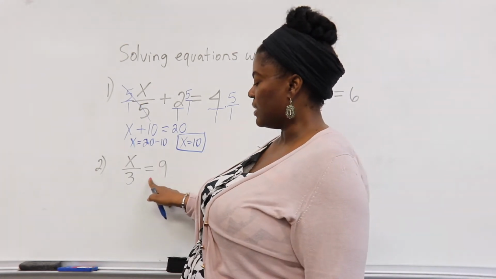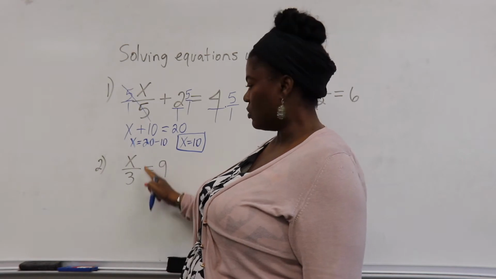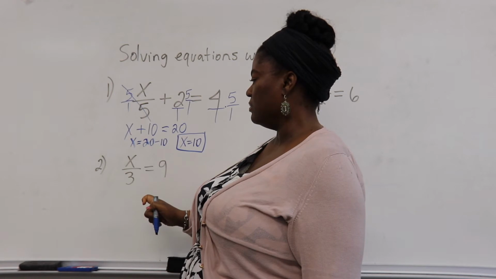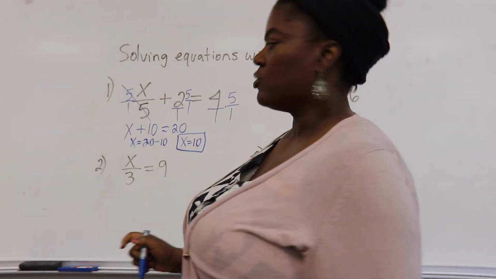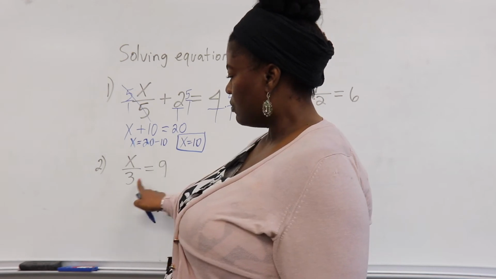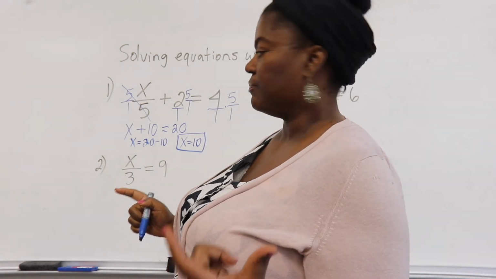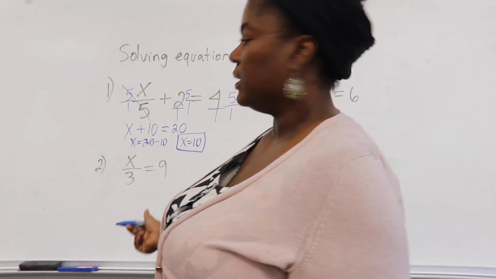We're going to do the same thing. So right now, division is happening. This is quotient going on. The x is being divided by the 3. And so the opposite of division is multiplication. I know we're just simply multiplying or finding the product of that 3 and 9, which is 27. But let me set it up properly.